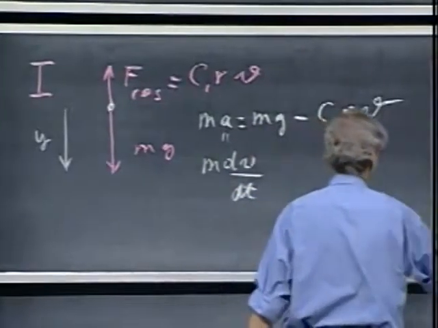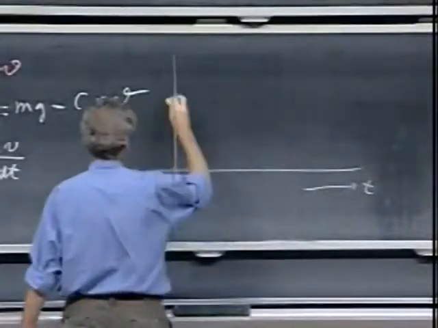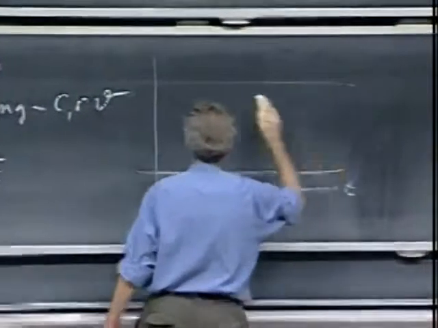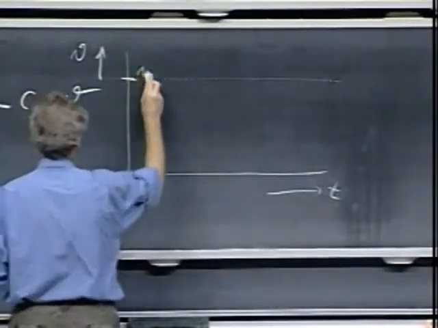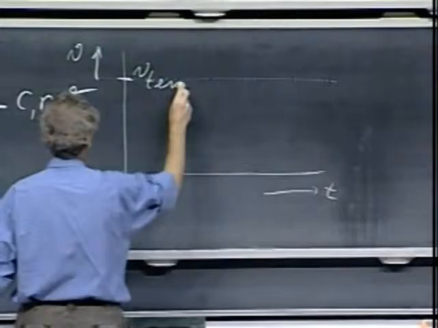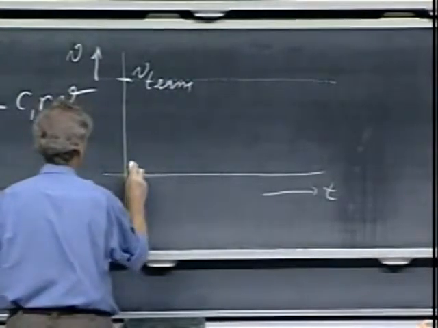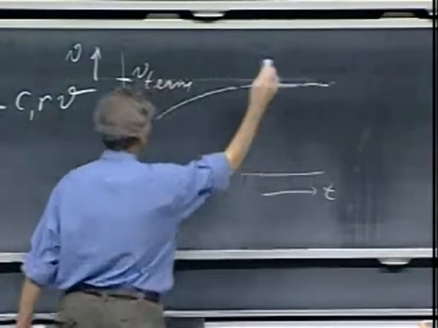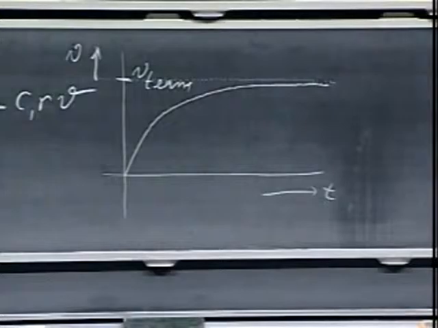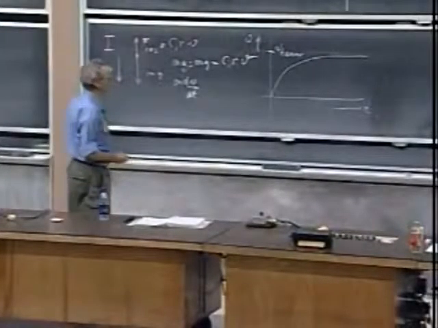What you're going to see is that the speed as a function of time is going to build up to a maximum value, which is the terminal velocity, or you may want to call it terminal speed, and it's going to approach the terminal speed asymptotically. And this is what I'm asking you on your fourth assignment to calculate.